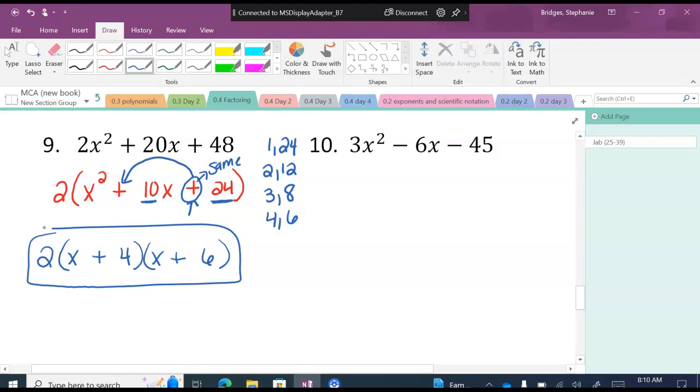So if I take this 3 away, what's left? X. If you divide 6x by 3, what's left?